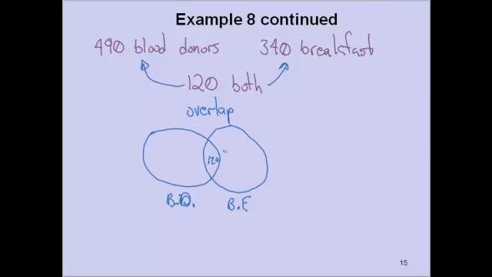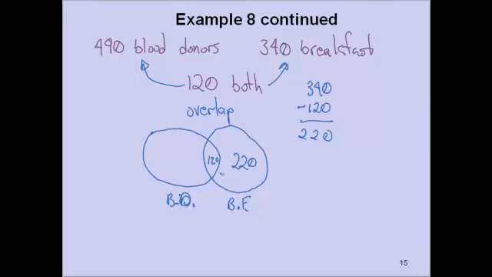Over here are all of the people who are willing to serve breakfast, including the 120. So that's going to be your 340 that were willing to serve breakfast minus your 120 that were willing to do both. And so you're going to end up with 220 people that were willing to just serve breakfast, not including the 120 people that were willing to serve breakfast and donate blood.